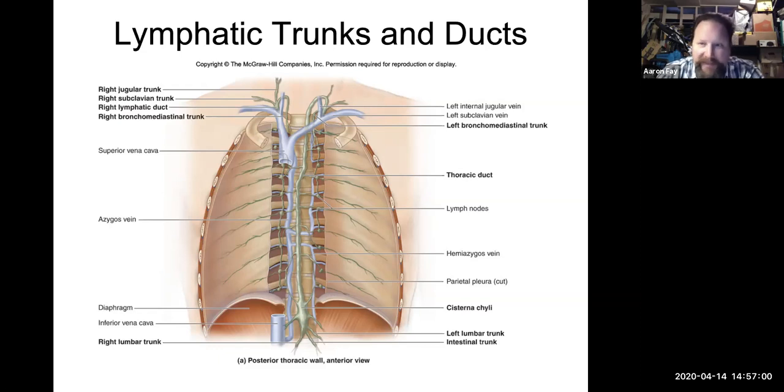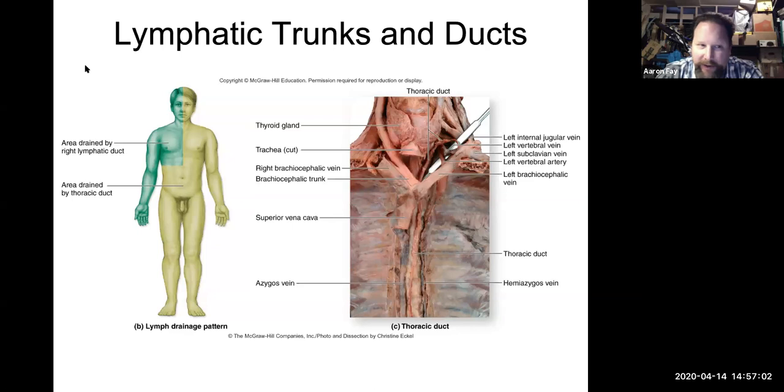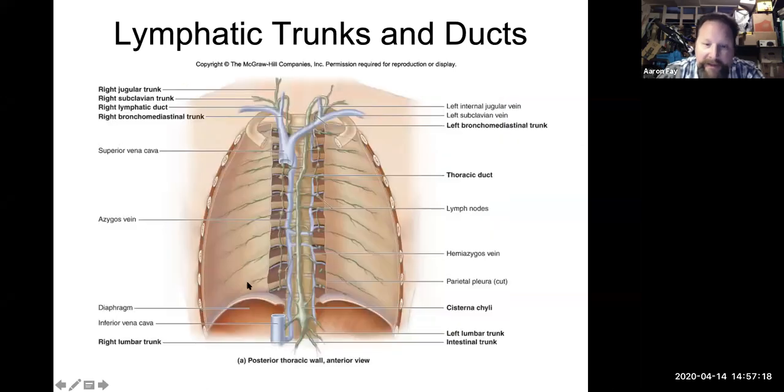So if that's a little bit confusing, go to this picture here. Notice on the right side of the body, only one-quarter of the body is drained into the right lymphatic duct. The whole rest of the body is drained by the thoracic duct or the left lymphatic duct. Those names are used interchangeably, right? And why is that? Because the intestines and both lower extremities drain into the thoracic duct or the left lymphatic duct.